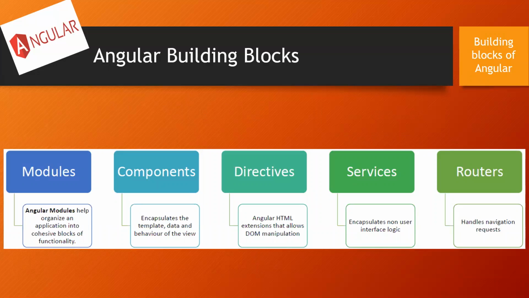Components include the templates, data, and the behavior corresponding to a view. Directives add additional functionality, or you can say they are extensions to the existing functionality. In services you put common logic which you want to call in multiple components or modules. And routers handle the navigation process in Angular.